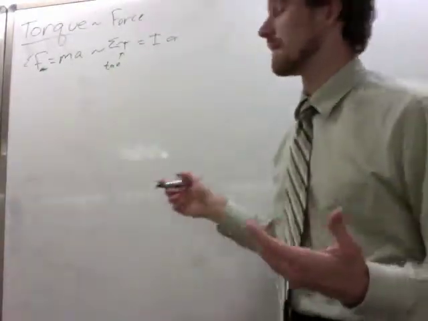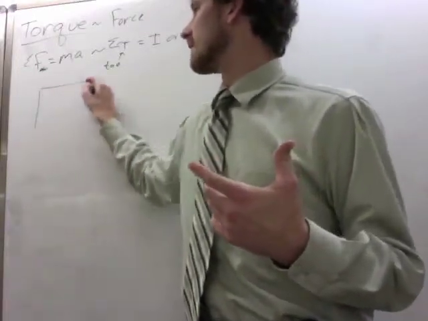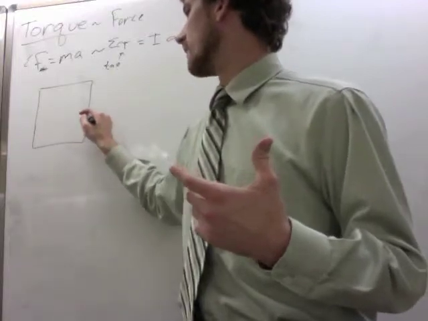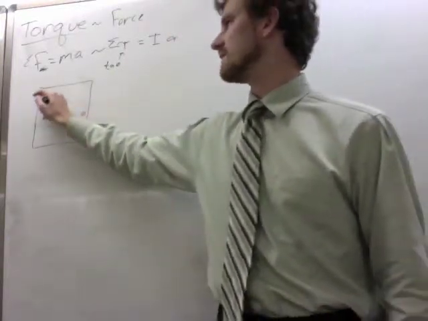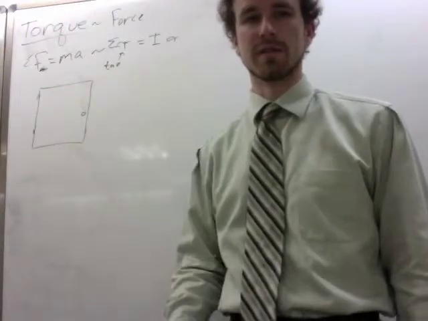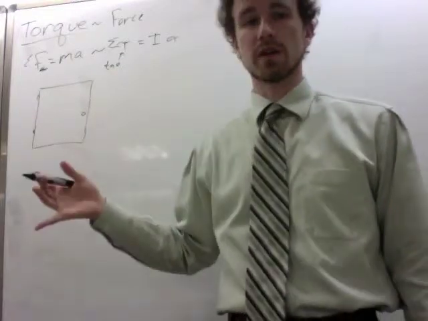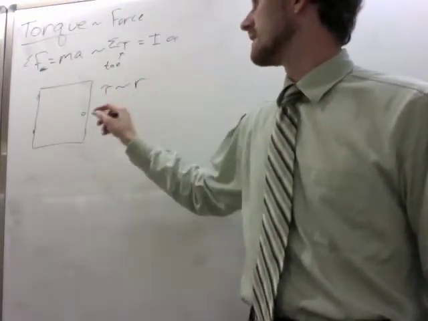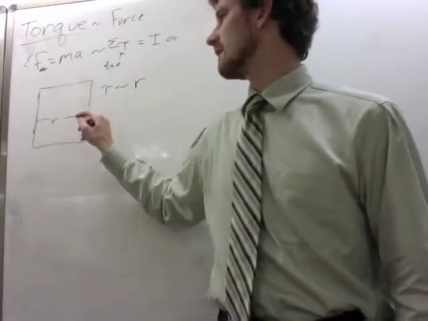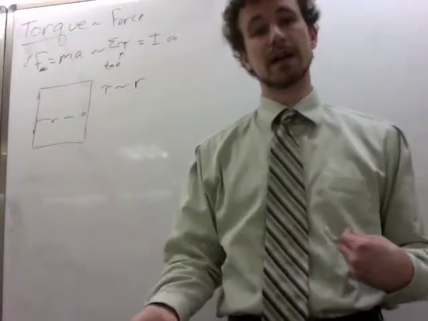You already actually know something about torque. You may not have ever really thought about it, but whenever you have a door, the door knob is here, while the hinges are over here. That's because the amount of torque is proportional to the distance from the pivot where a force is being applied.